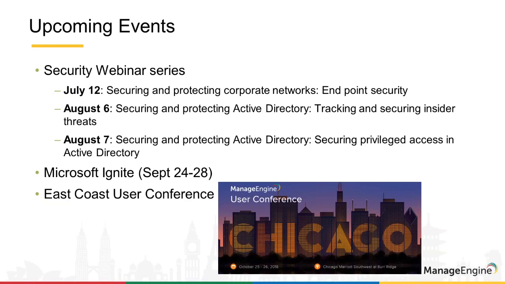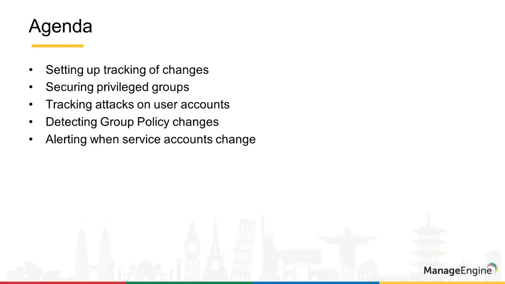So with all of that out of the way, let's jump into the material. What I want to do first is show you how to set up the tracking of changes, because I can't just throw you into a webinar saying track the changes if you don't know how to do that. Then I'm going to walk you through 4 distinct examples of where you need to look for tracking of changes.